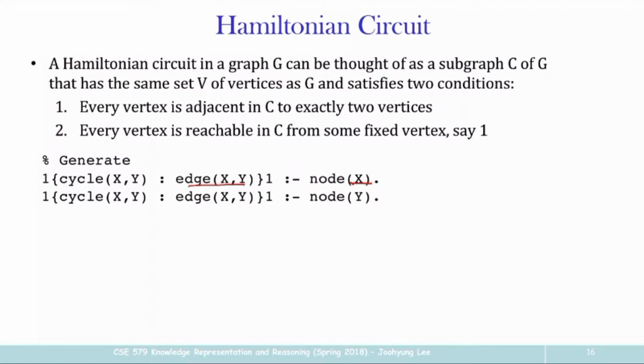So choose x, and you have to generate exactly one predicate called cycle(x,y), where y is a local variable. So what does it mean intuitively? Given an x, you have to choose exactly one outgoing edge.